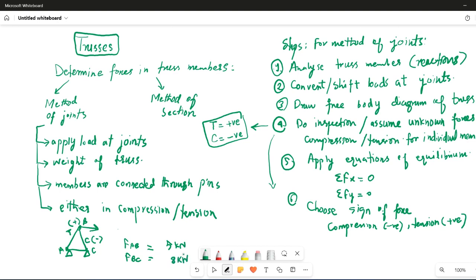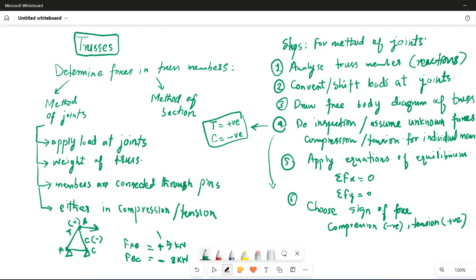In my answer, I might get FAB as negative 5 kilonewton, or positive 5 kilonewton, or negative 8 kilonewton.